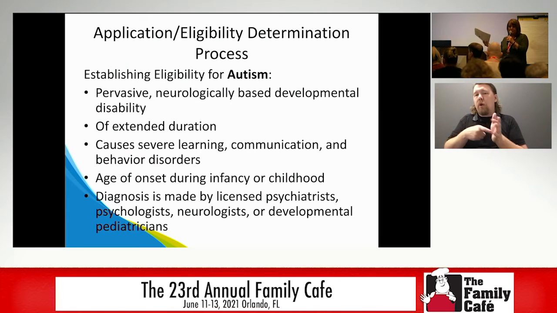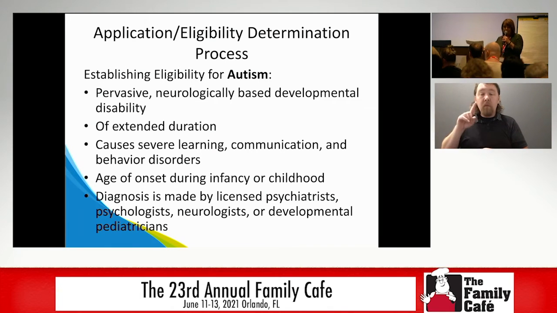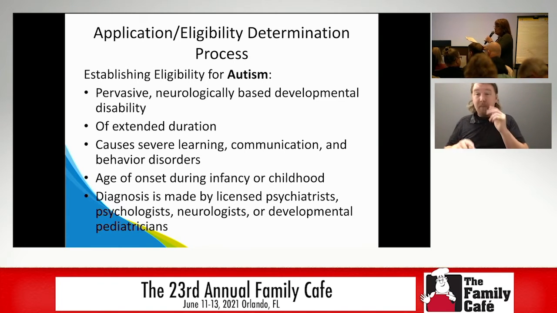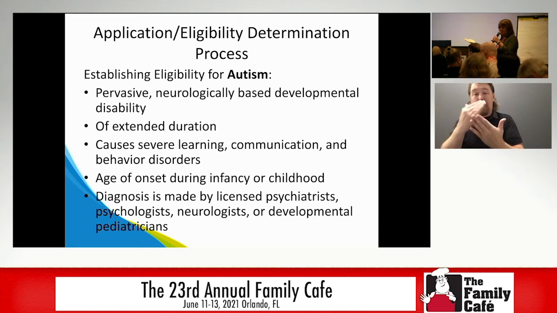For purposes of eligibility for APD, and this is what happens a lot, a child may have a diagnosis of autism, but they have to meet the eligibility criteria for APD services for severe autism in order to be eligible to receive services from the agency. So there is a long list of criteria that must be met.